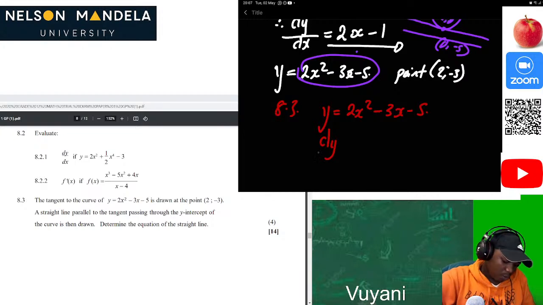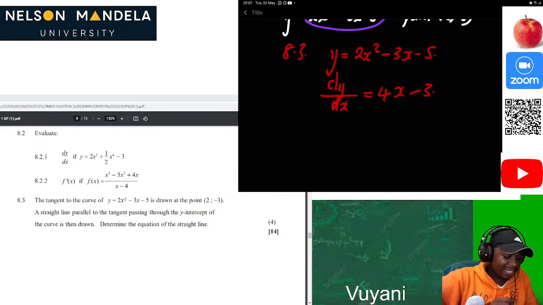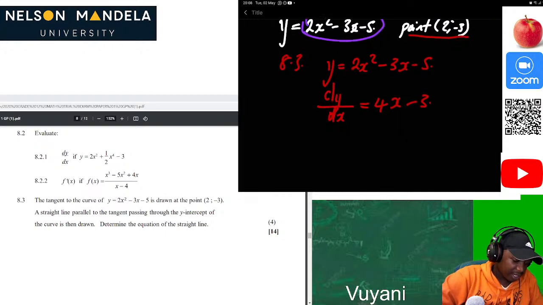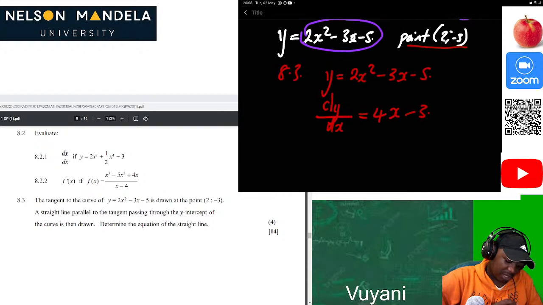So dy over dx will be equal to 2 times 2 is 4x, then 1 times negative 3 is negative 3. Now let's look at the gradient. The point is (2, -3), so to get the gradient we just substitute 2 there.